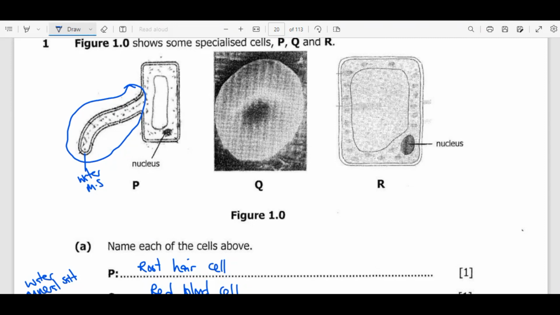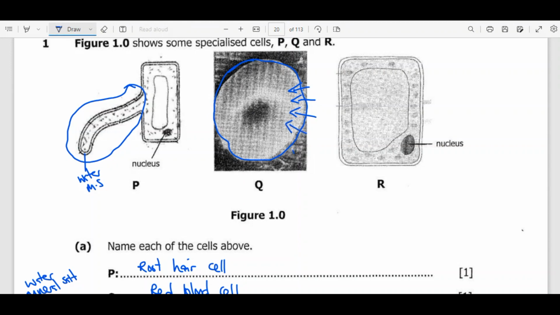Because of this shape, it creates enough surface area for diffusion of oxygen. This large surface area makes it possible for the diffusion of oxygen.